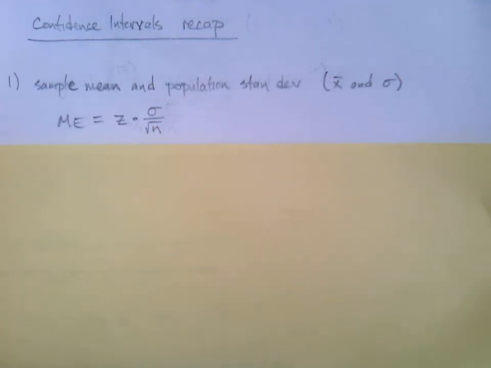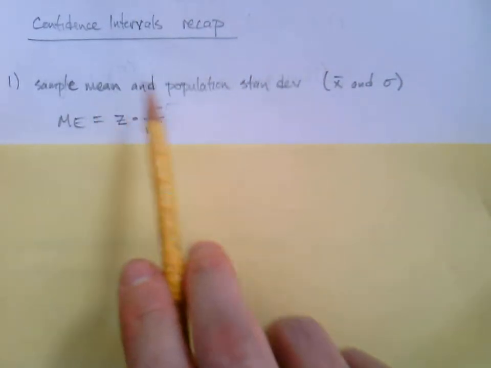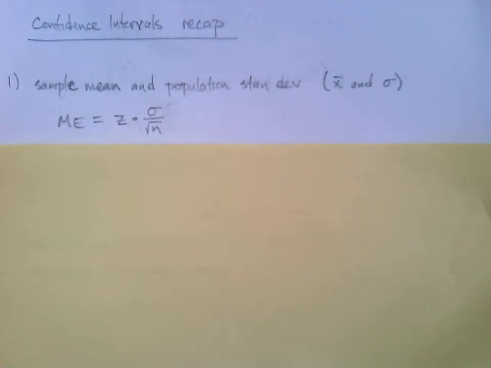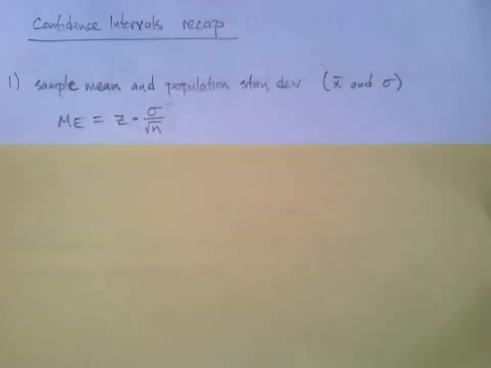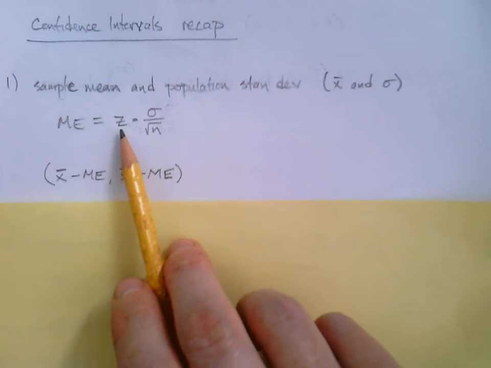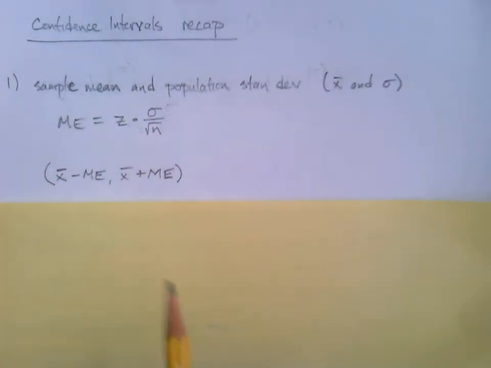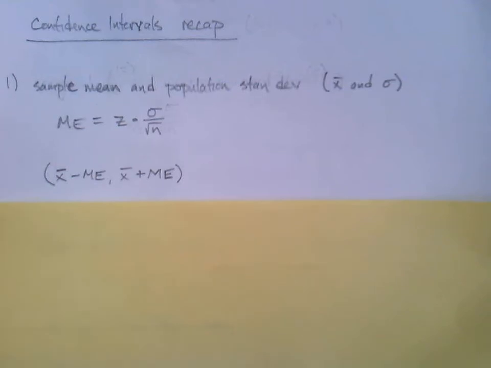The first version, when we were introduced, meant that in the problem we were given the sample mean and the population standard deviation. You might call those x bar and sigma. When we computed the margin of error, we took the upper z-score, the upper critical value as it's defined, or you might say z sub alpha over 2.